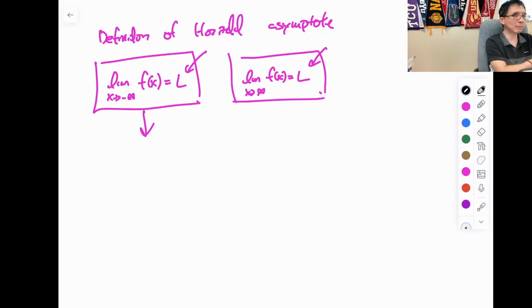Can it cross twice? Actually, I don't know. That's a great question. Can you cross a horizontal asymptote twice and come back to plateau at the end?